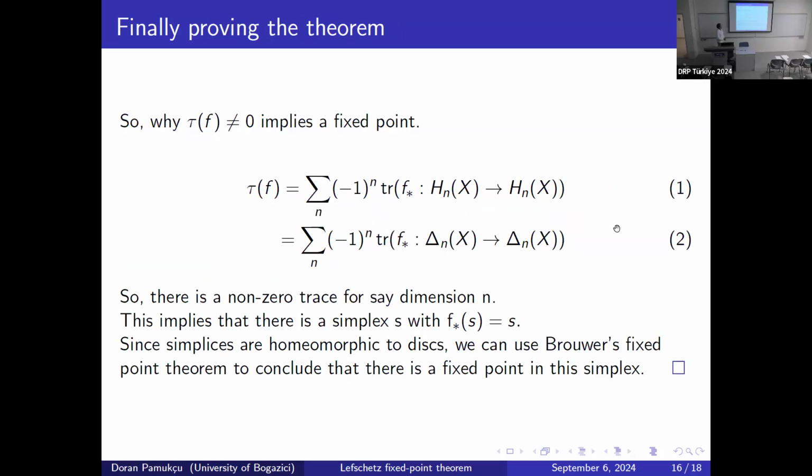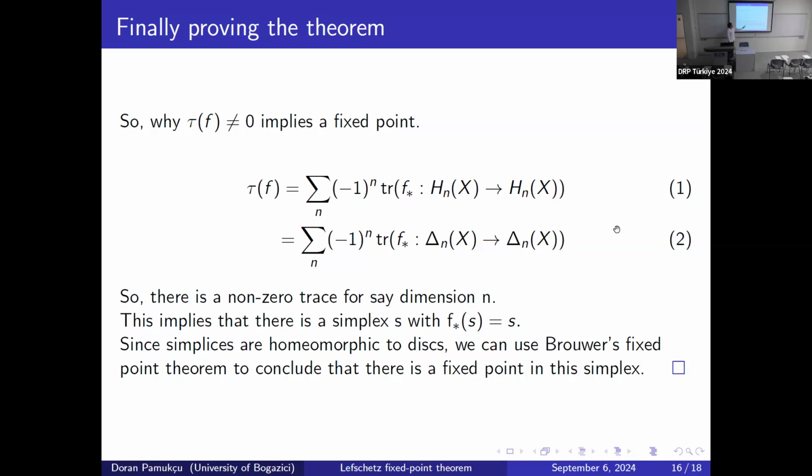And to finally prove the theorem, let's see. Why does the Lefschetz number being non-zero imply a fixed point? We get this equality between 1 and 2 using our lemma. This sum being non-zero means that there must exist a non-zero element in the sum for some dimension n.